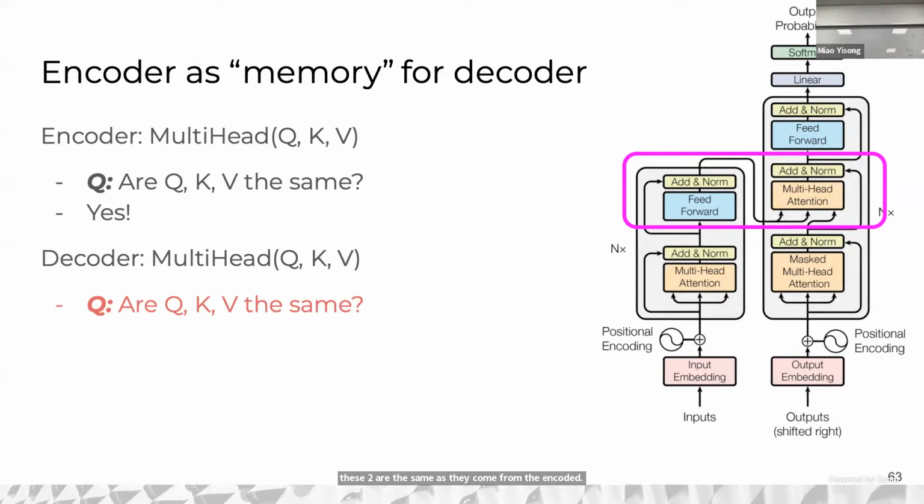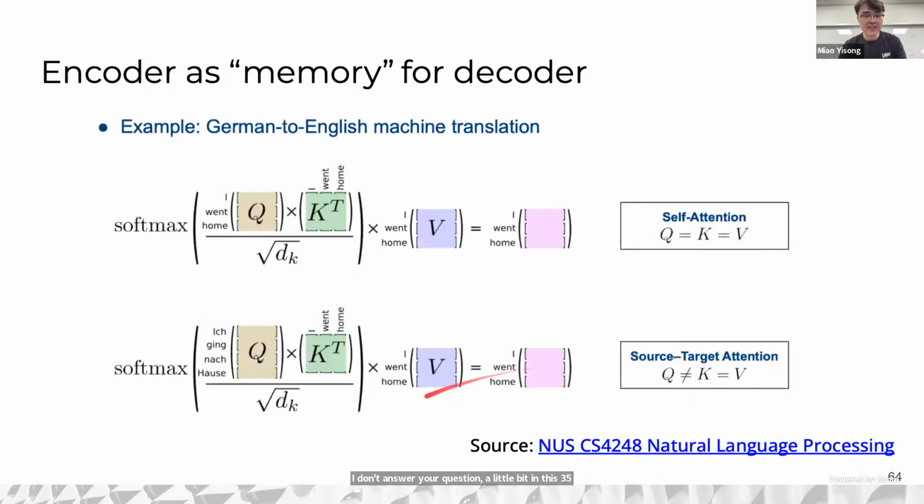Can I answer your question a little bit? Just clarify what you think. Okay, so here's a better example to illustrate that. During the encoder, we have the self-attention. As we said previously, the keys are the word embeddings, queries are still the word embeddings, and the values are the word embeddings. So there, everything is the same.